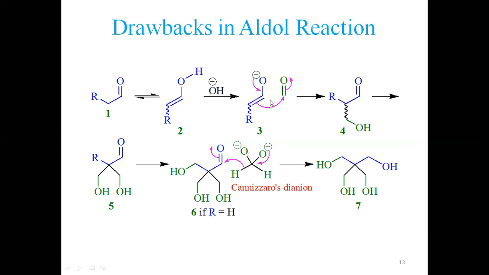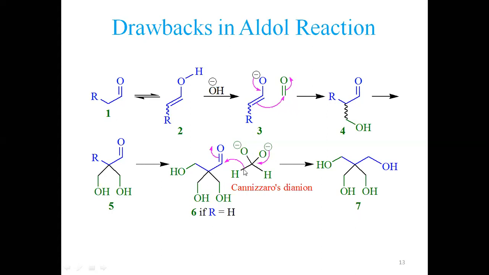It shall exist in 100% keto form because enol is not possible. So what shall happen? One hydroxyl ion shall add to this. So when it is adding here, we shall get two hydrogens at this place, O negative, and this OH shall be added. Then a base shall pick up a hydrogen from OH, resulting in an O negative here. So this is the Cannizzaro's dianion.